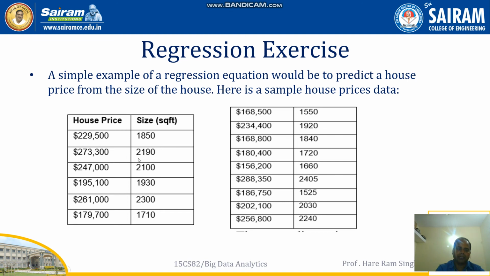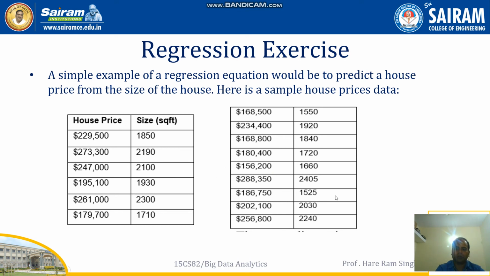If the house size is 2,190 square feet, then its price is 2,73,300. Similarly, the others differ. This is the continuation of the first table, not another table.